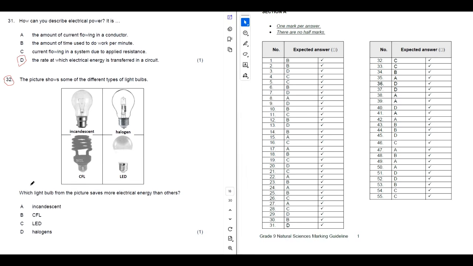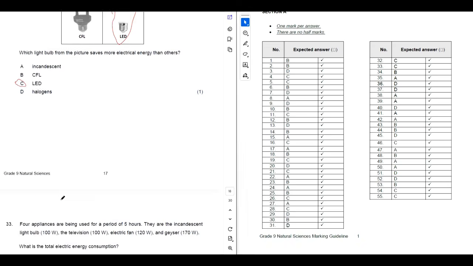So now the question says: which light bulb from the picture saves more energy than others? And we know that the light bulb that saves more energy than others is the LED. So our answer will be C.